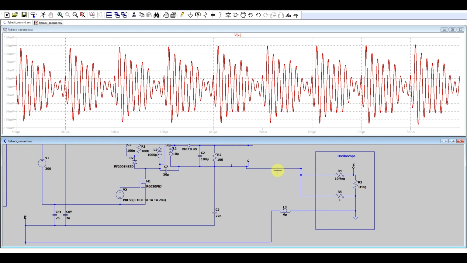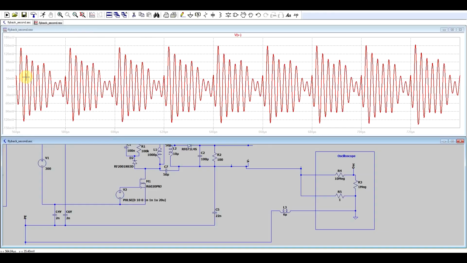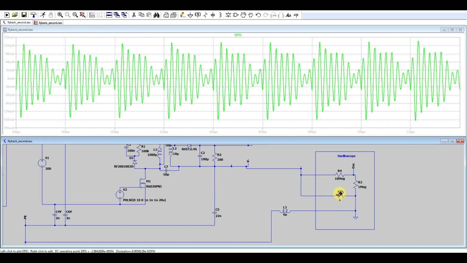Now another interesting thing you might notice is that I'm measuring 100-something millivolts, and this voltage is coming across this internal 1 ohm resistance of the oscilloscope, and that means that there's 100-something milliamps of current going through there.